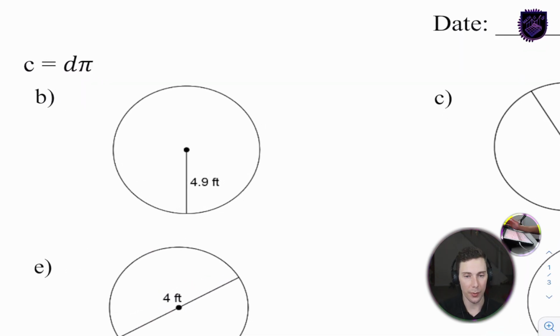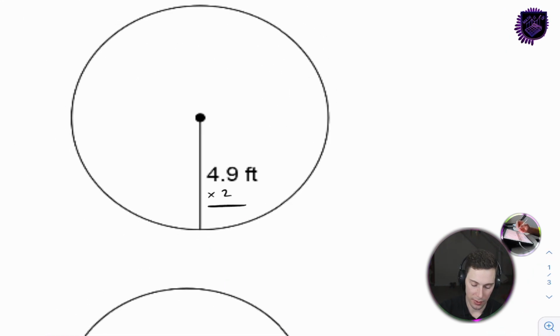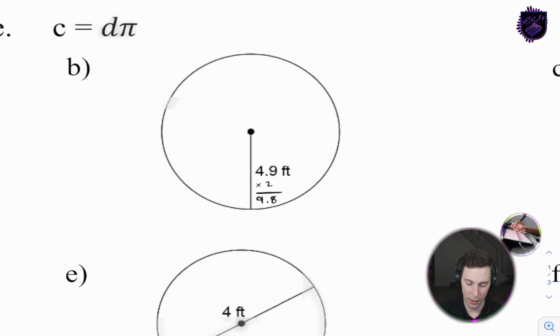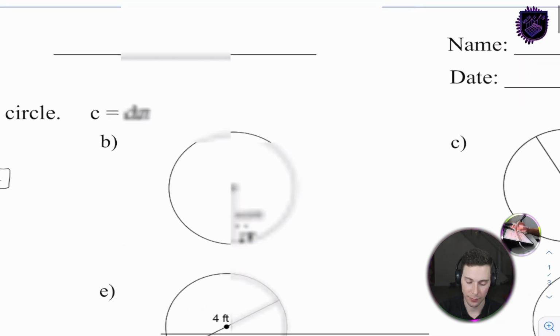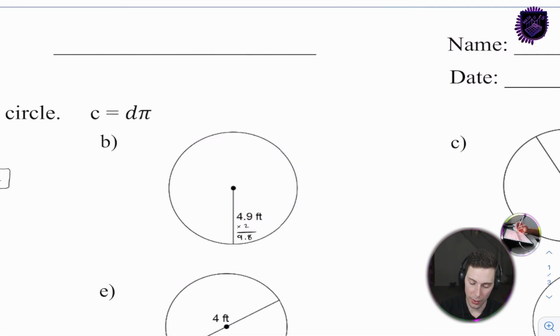Okay, number 1B. We're given the radius here, so we have to multiply this by 2. 2 times 4.9 is 9.8. Our diameter is 9.8. So circumference is equal to diameter times pi, which is 9.8 times 3.14.